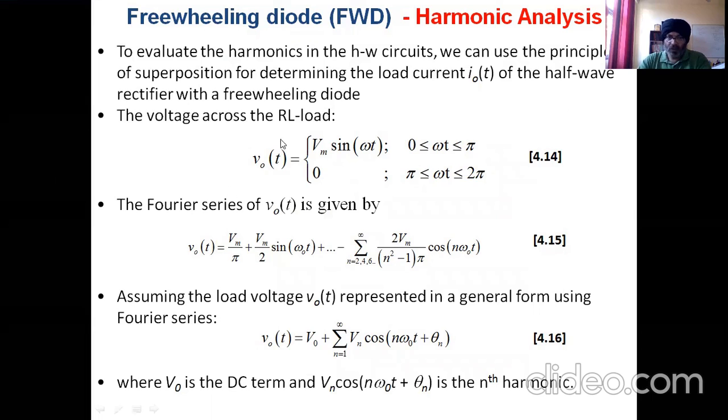So this is the instantaneous voltage, which is equal to the DC component over here, plus the summation of all the coefficients or harmonic components present in the voltage waveform or current waveform. Depending upon the value of n, we can decide the value of the harmonic component.